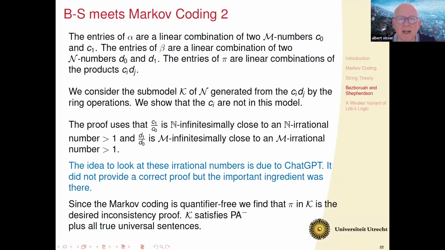So the boundaries of the current knowledge are, for Bezboruah and Shepherdson, really PA minus plus the true universal sentences. I think the real thing that we would like is to find some version of Bezboruah–Shepherdson for I open.